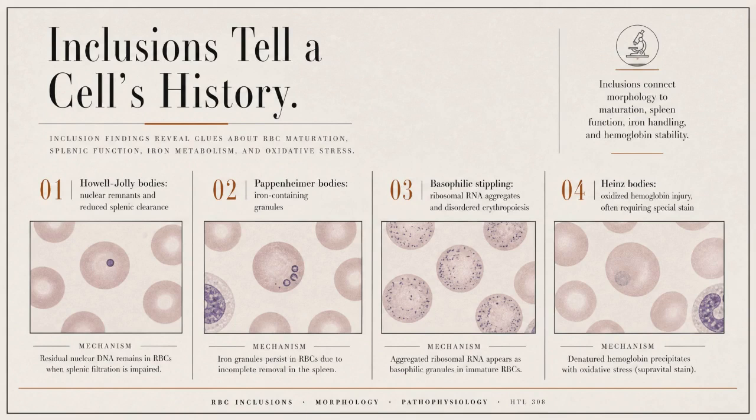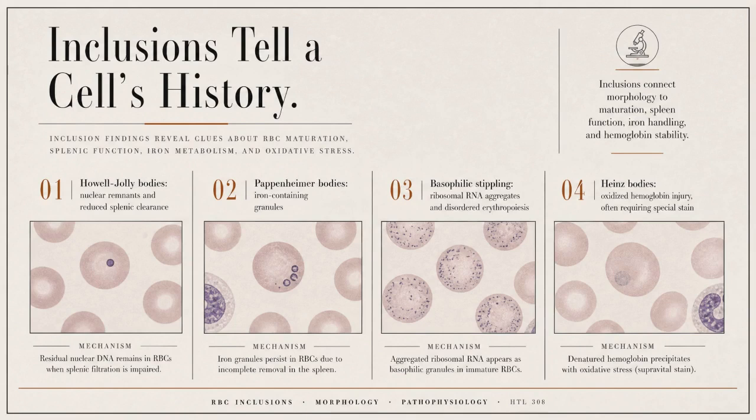Pappenheimer bodies are iron-containing granules, often confirmed with iron stain, and may be seen in sideroblastic processes, splenic dysfunction, or disorders of iron handling. Basophilic stippling appears as multiple small blue granules representing aggregated ribosomal material and can be associated with lead poisoning, thalassemia, sideroblastic anemia, and other disturbed erythropoietic states.